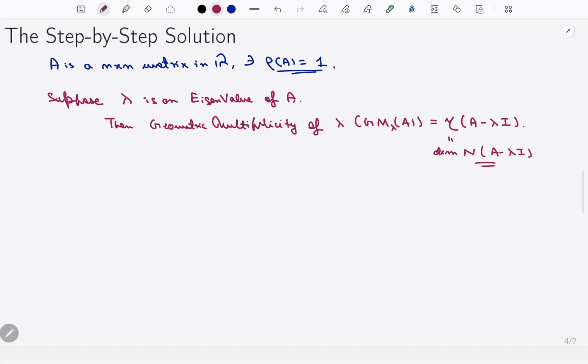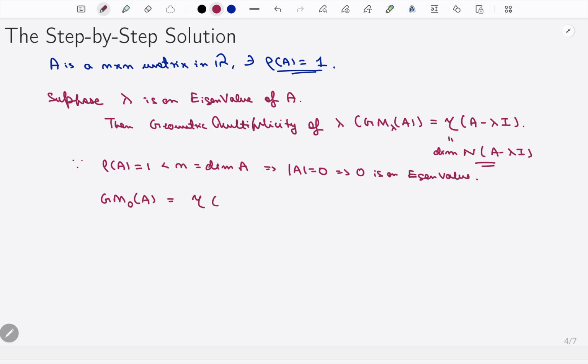Now observe that since rank of A is equal to 1, which is obviously less than n, because it is given that n is greater than or equal to 2, this implies that the determinant of A is 0. This implies that 0 is an eigenvalue. Now what is the geometric multiplicity of 0 in A?